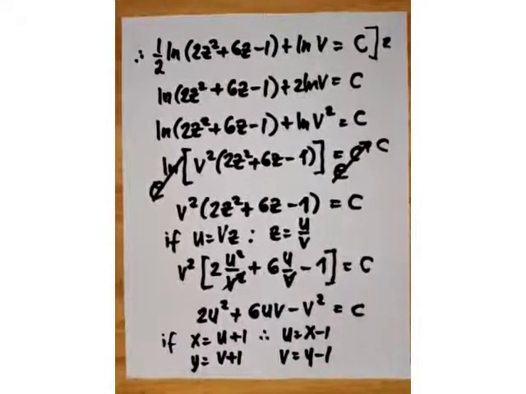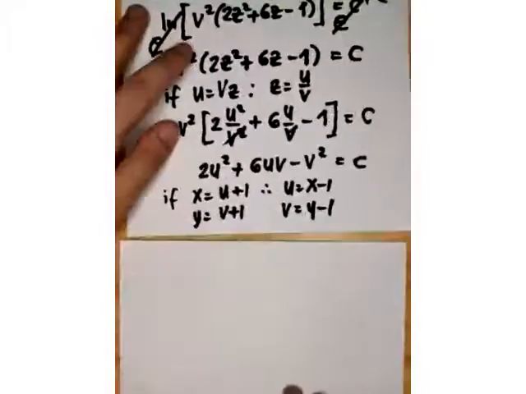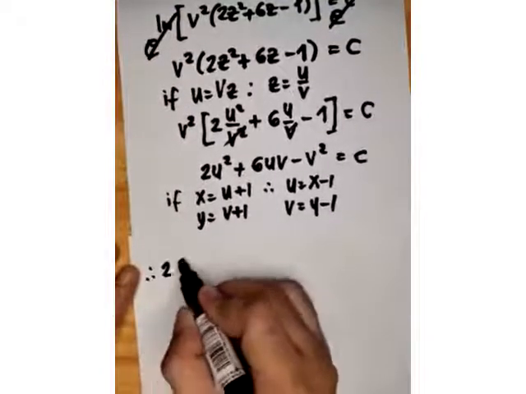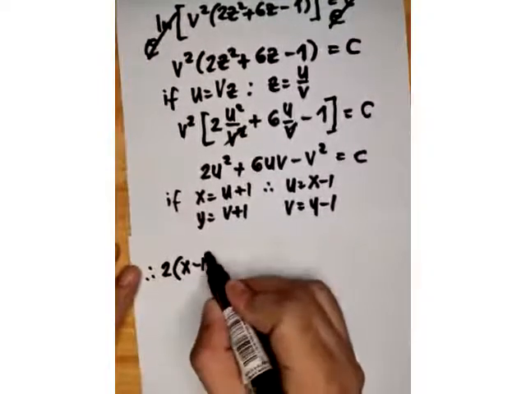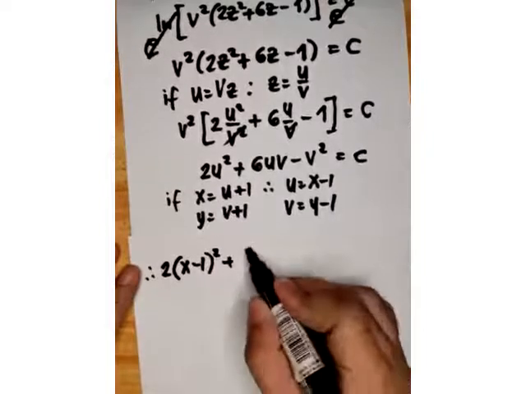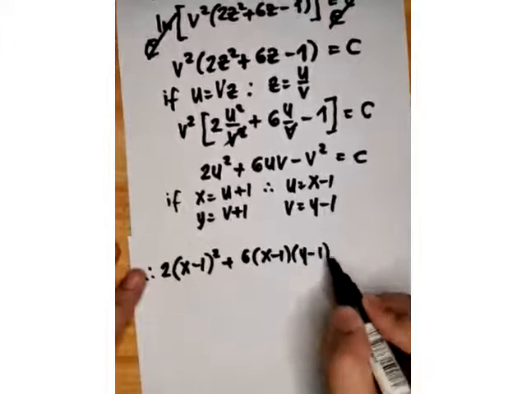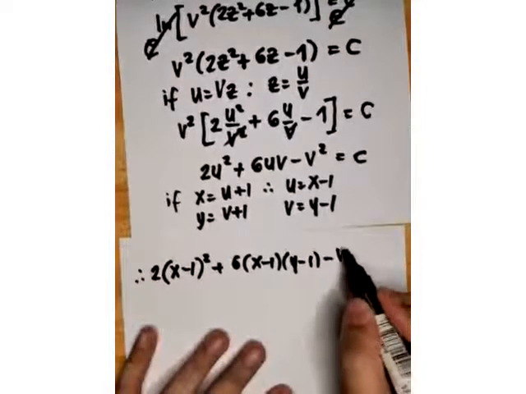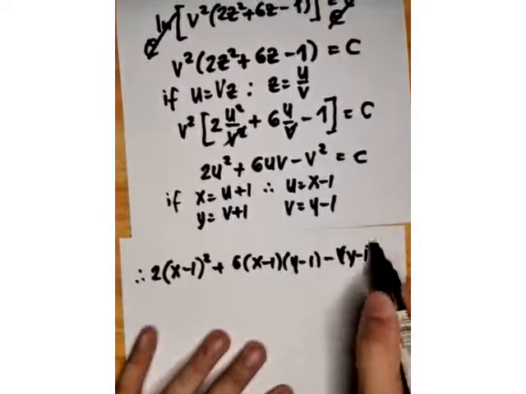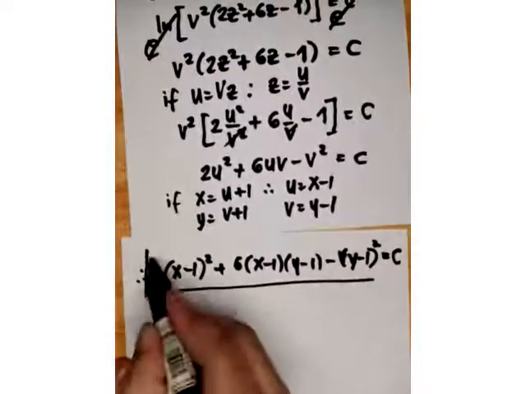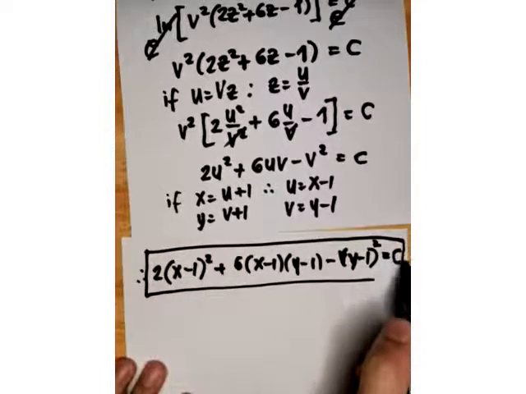So, let's substitute those two to our answer. So, therefore, we'll have 2 times x minus 1 squared plus 6 times x minus 1 times y minus 1 minus y minus 1 squared is equal to c. Ayan. So, ito na yung ating general solution.